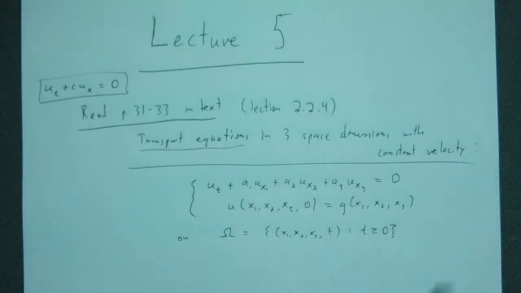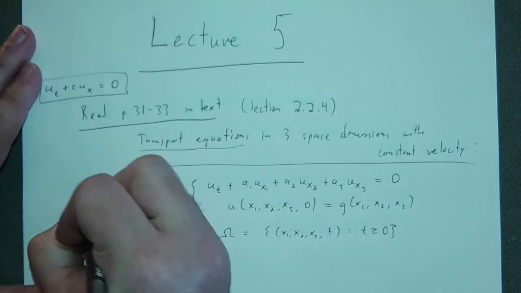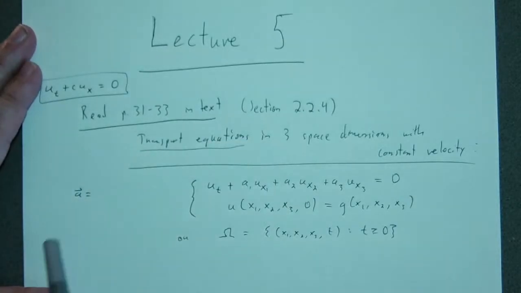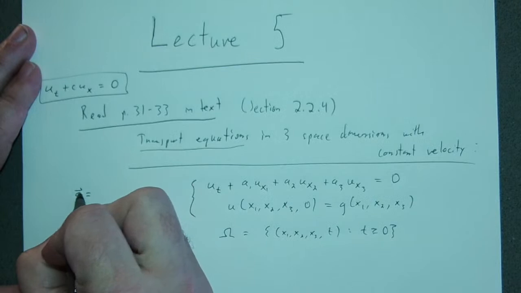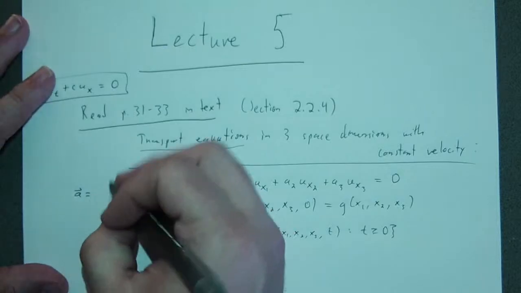The thing is that this can be rewritten in a nice way. If I let A be the vector, the textbook likes to use curved brackets here, which is like physics notation. I'm not going to use that typically, I'm just going to use normal parentheses. Confusing vectors and points, I'm not too worried about that.